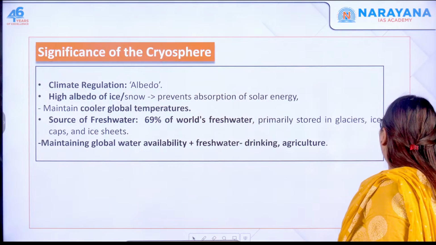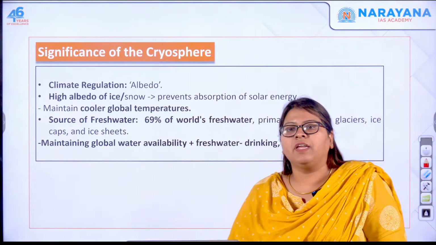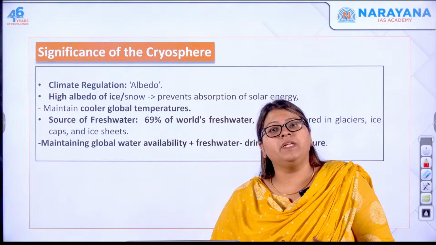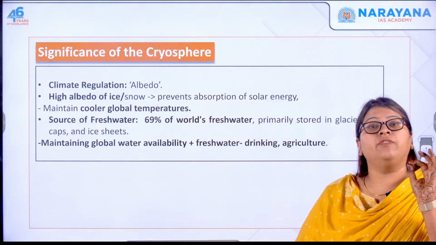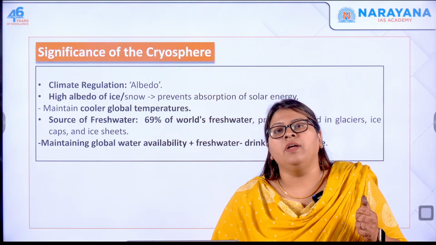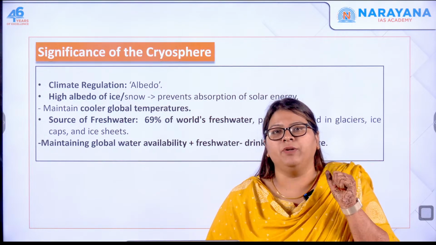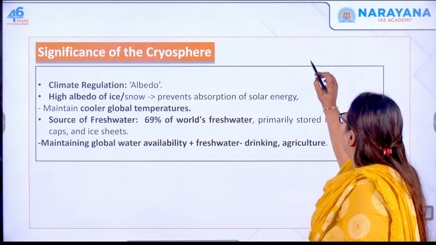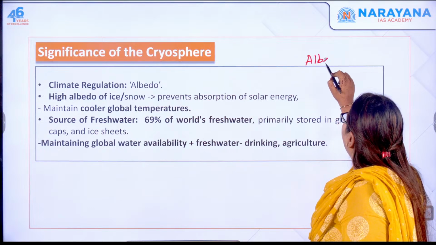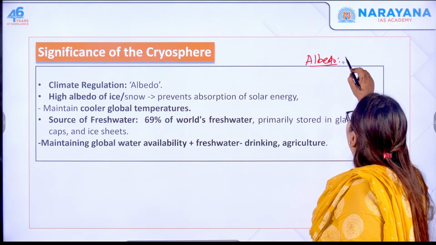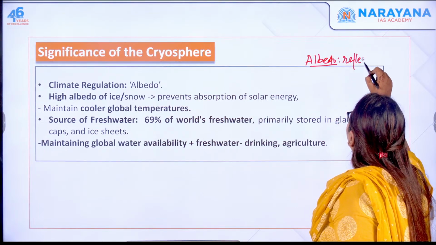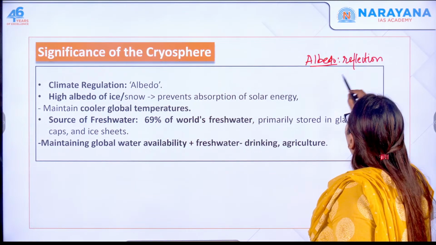Now moving forward, let us see what is the significance of the cryosphere. Cryosphere plays a very important role in regulation of climate. How? There is something called albedo. What do you mean by albedo? Albedo is nothing but reflection.